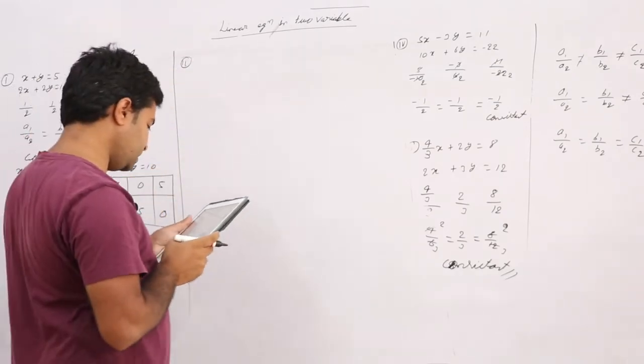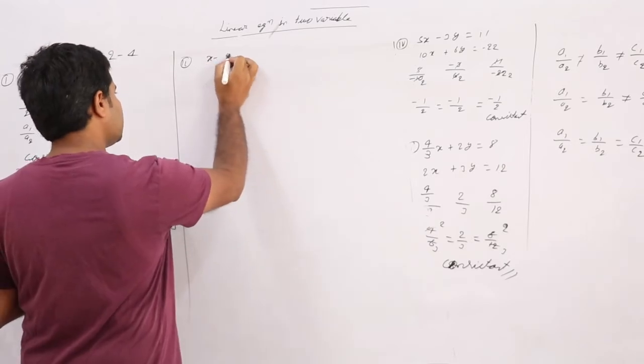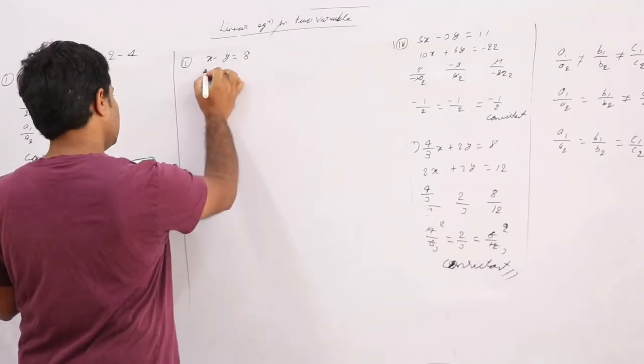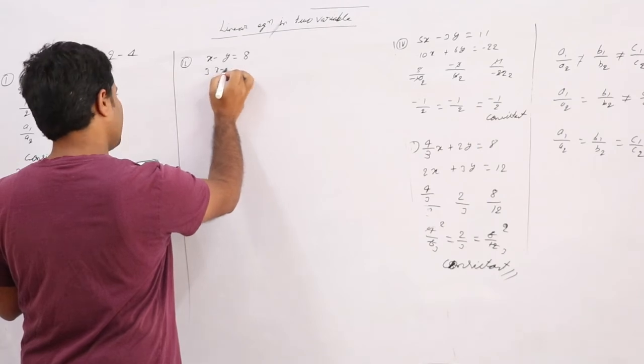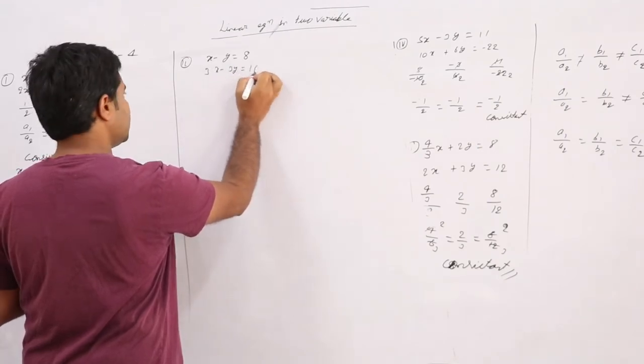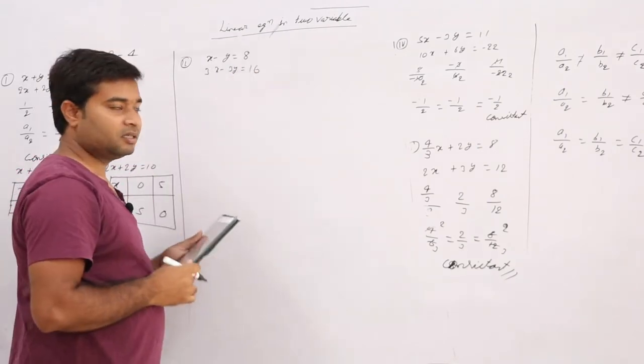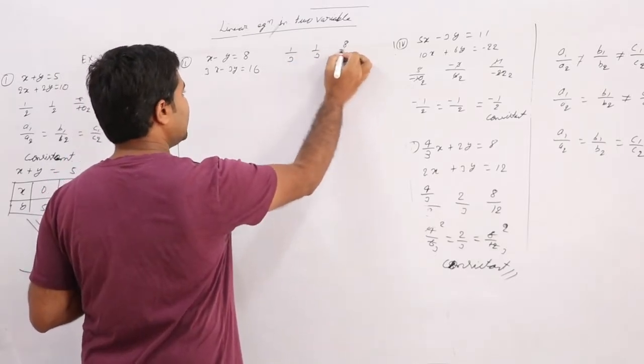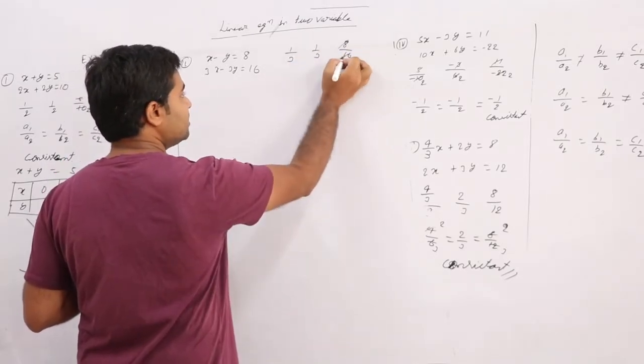Question number 2 is saying x minus y is equal to 8 and 3x minus 3y is equal to 16. See, 1 by 3, 1 by 3 and 8 by 16. Yes? Means this is 2.